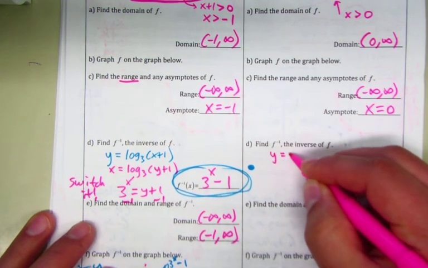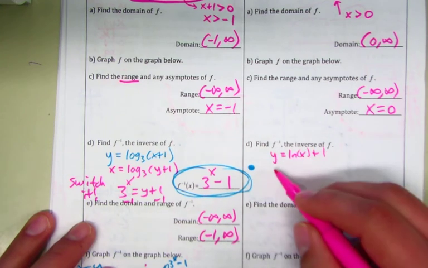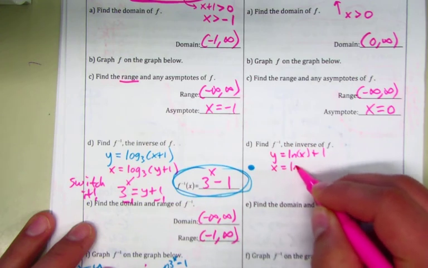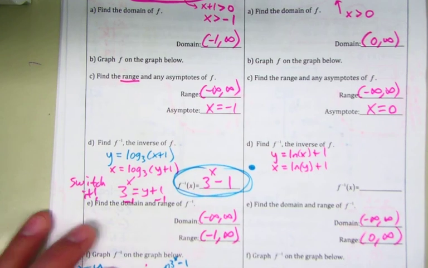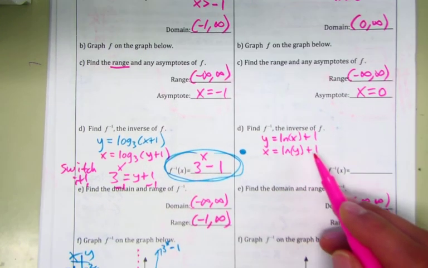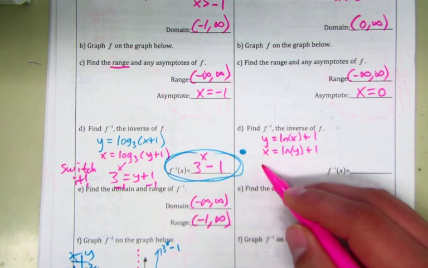So if I have y equals ln x plus 1, first we switch x and y, right? And is there anything I can do to get y alone, or at least one thing to get rid of? Yeah, subtract the 1 first, right?